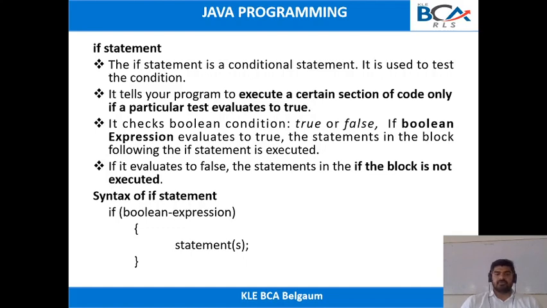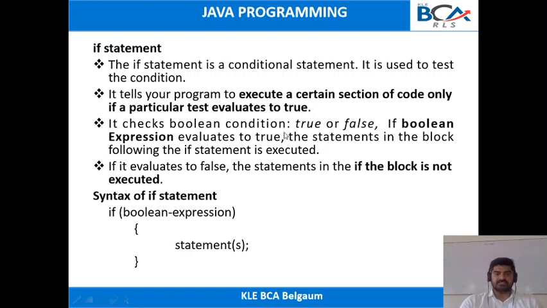Suppose you include the if statement in your program, initially it will check the condition. If that condition is satisfied, then a certain section of your code will get executed. Here it checks only the Boolean condition, true or false.